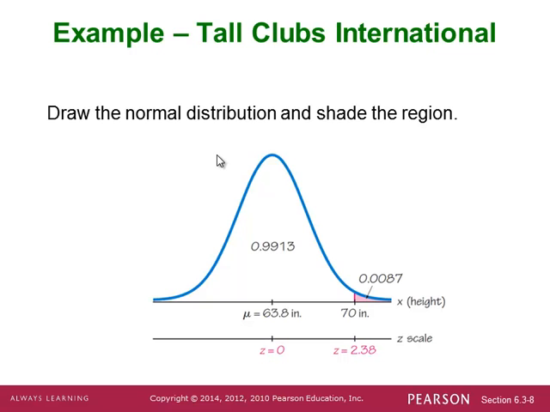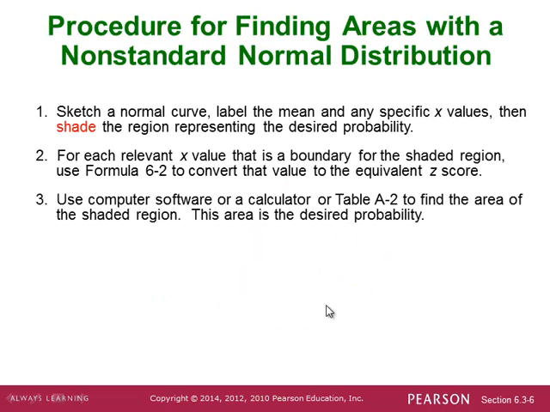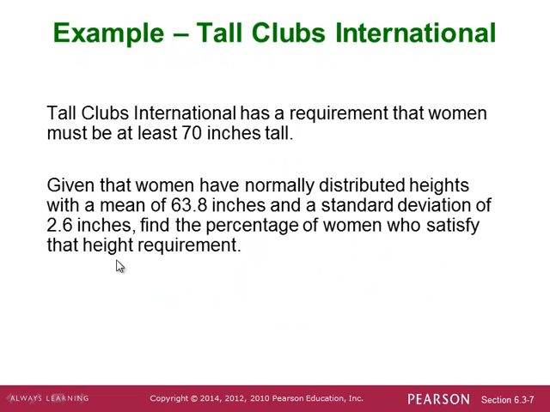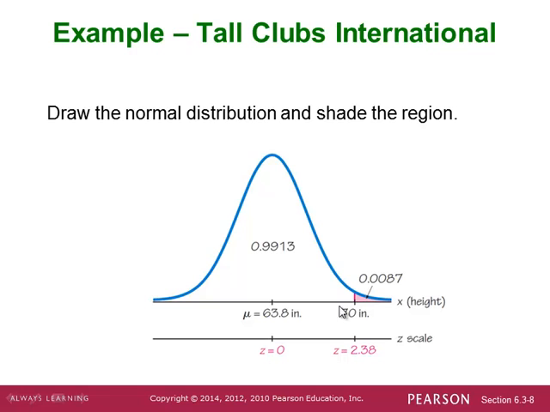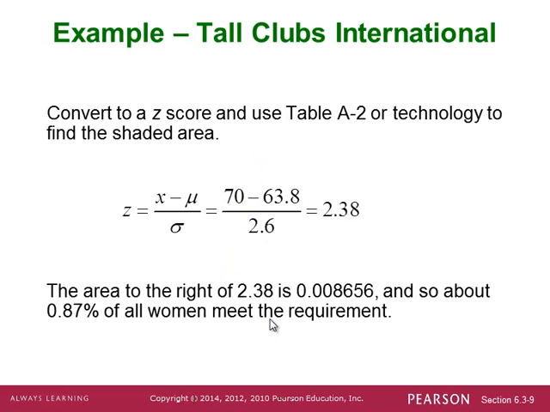Now, here's a sketch of the normal distribution with the mean of 63.8 and standard deviation of 2.6 inches. And here we are at 70 inches on the horizontal. Now, if you were to take 70 inches minus 63.8 and divide by 2.6, you'd get 2.38.